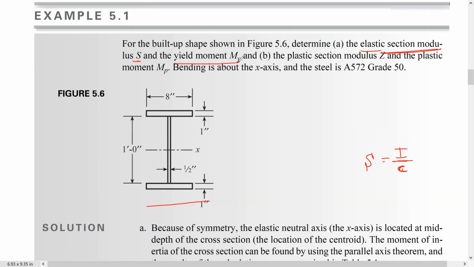We will learn how to calculate the yield moment. And B, we need to calculate the plastic section modulus, which is Z, and the plastic moment, which is M sub P. Bending is about the x-axis, and the steel is A572 Grade 50, which is commonly used in steel bridges. So this is the x-axis. Here we have all the information we need to do the calculations.